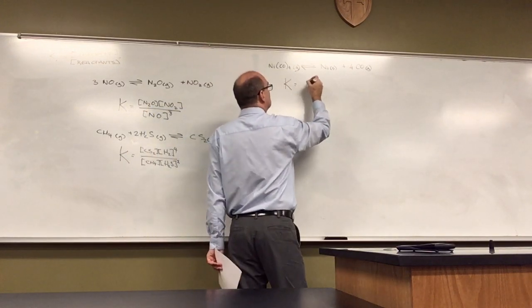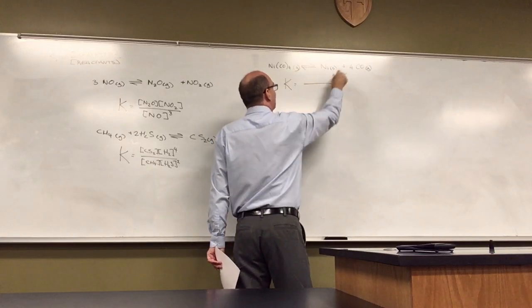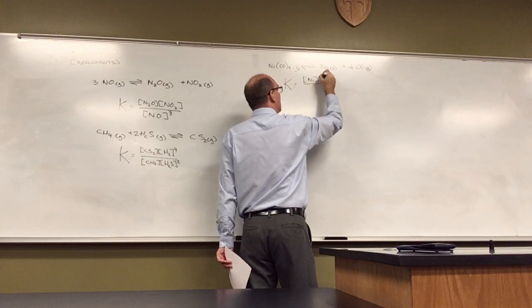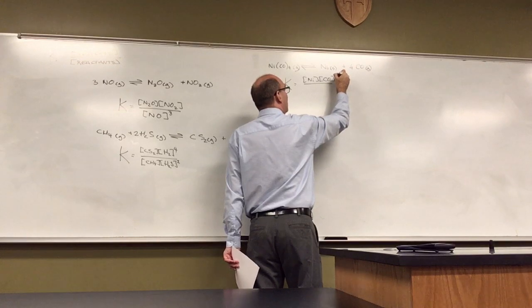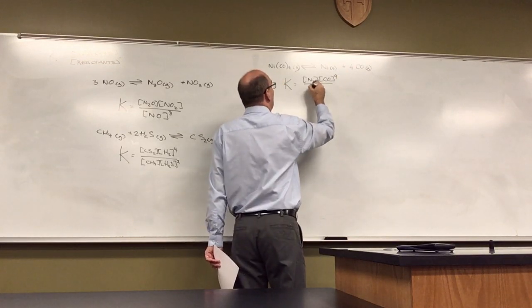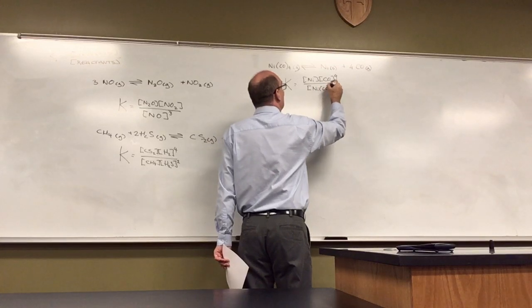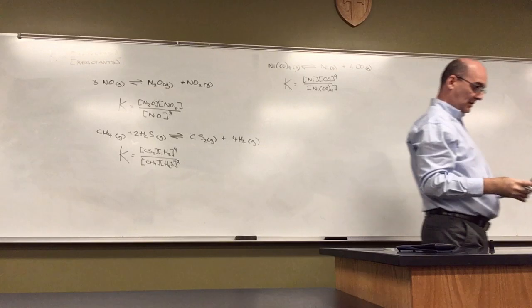Okay. Products divided by reactants. So here's my products. Concentration of nickel times the concentration of carbon monoxide raised to the power of 4, divided by the concentration of nickel tetracarbonyl.